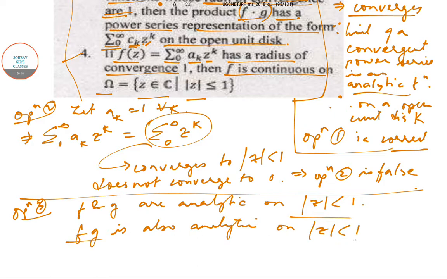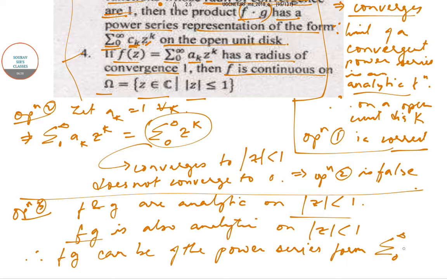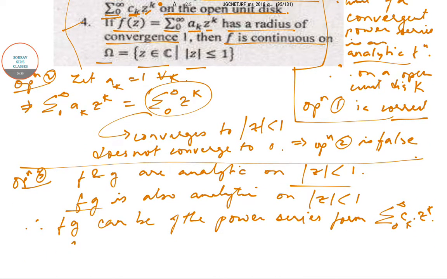So if fg is analytic in this format, then we can write that fg can be of the power series form, and we can take this as summation 0 to infinity c_k into z to the power k. It can be of this format. So therefore option 3 is also correct.